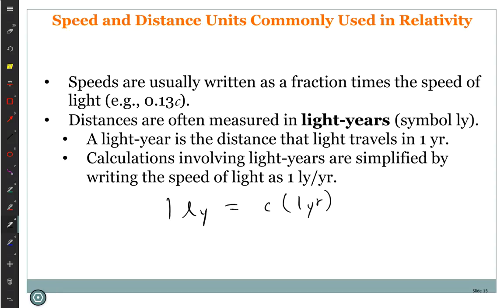And so we can do things like, well, what is that distance? Distance is equal to... I actually have to think this. Speed is distance over time. So distance is equal to speed multiplied by time.